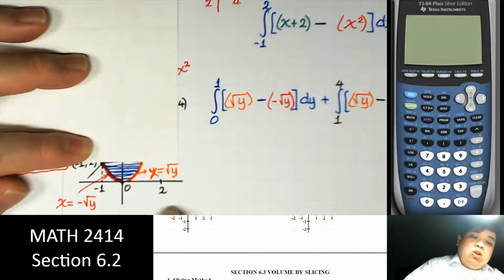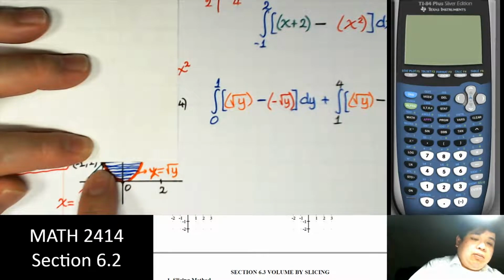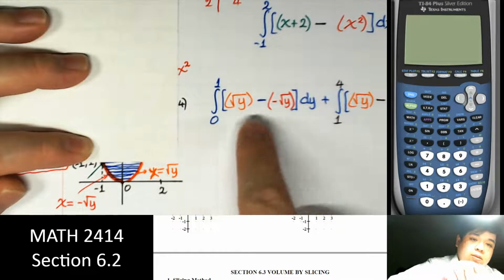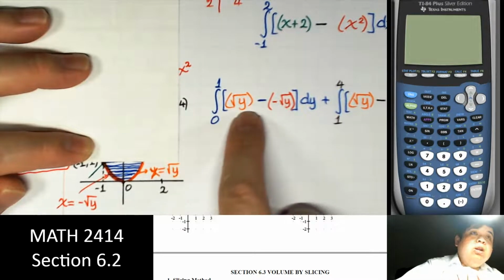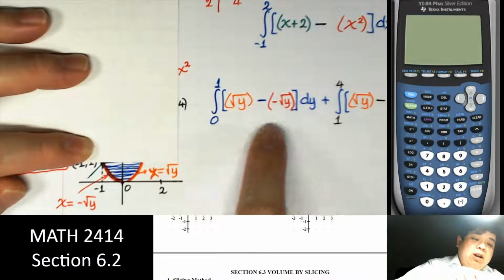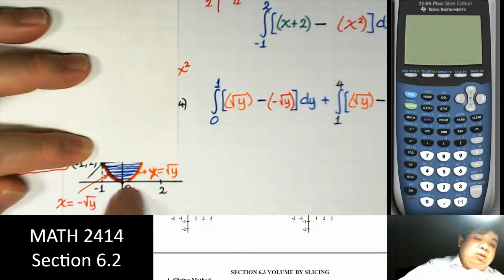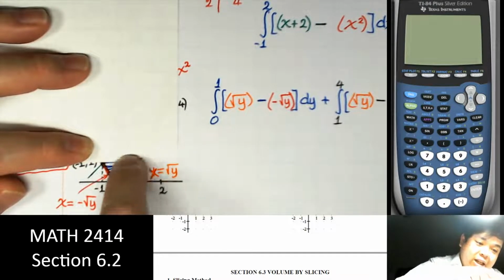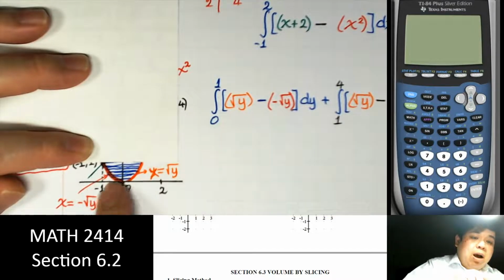So, it's always the function on the right minus the function on the left. The right function is positive square root of y and the function on the left is negative square root of y. So for that region here, it is bounded by those two functions.